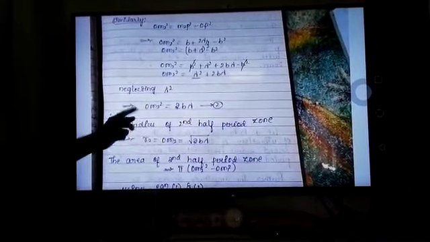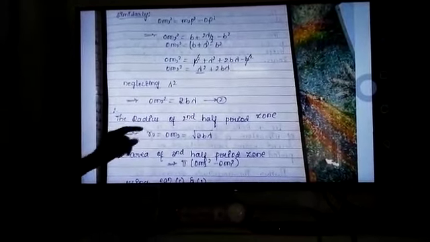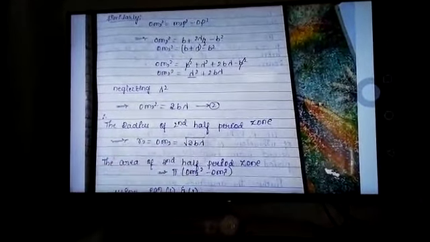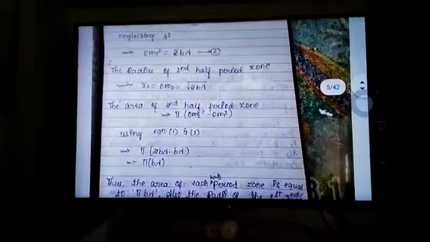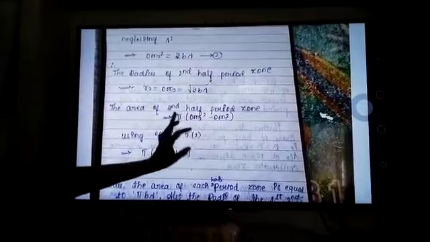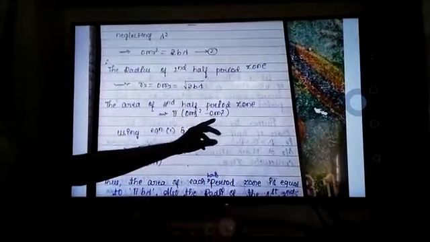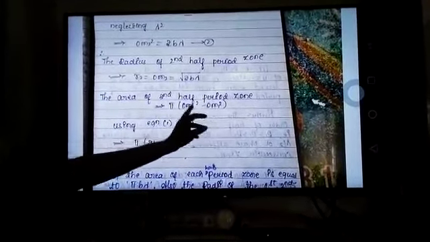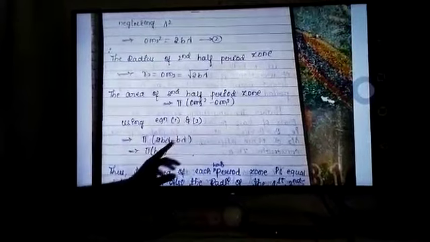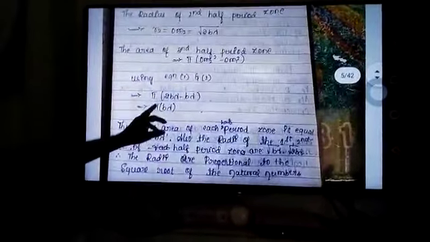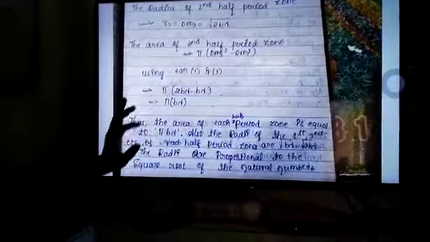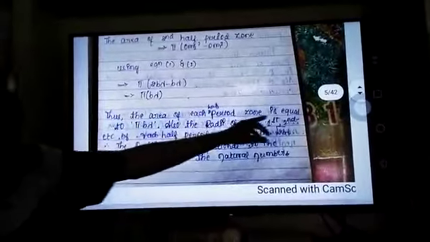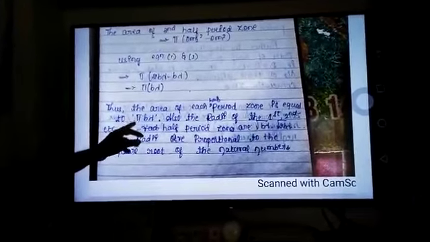So now go for the radius. The radius r2 is equal to OM2, which is equal to square root of 2b lambda. The area of the second half-wave zone becomes pi OM2 square minus pi OM1 square. Substituting the values from equation 1 and equation 2, we get pi b lambda. Thus, the area of each half-wave zone is equal to pi b lambda.